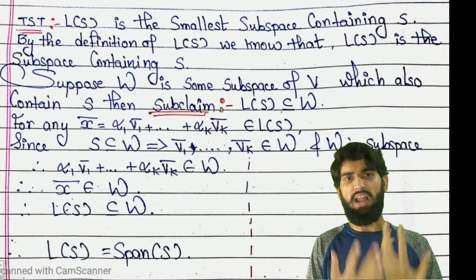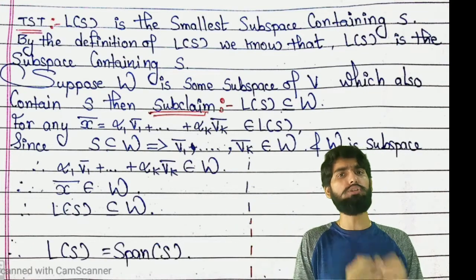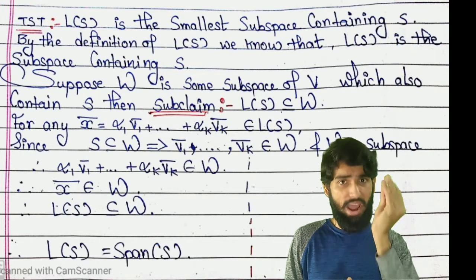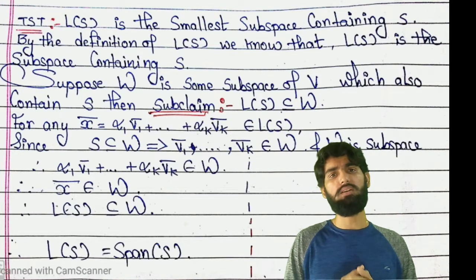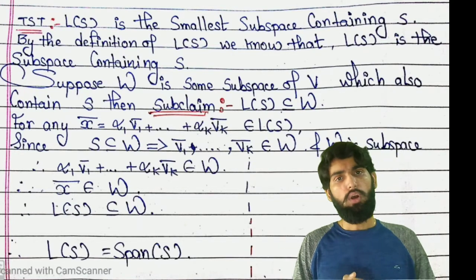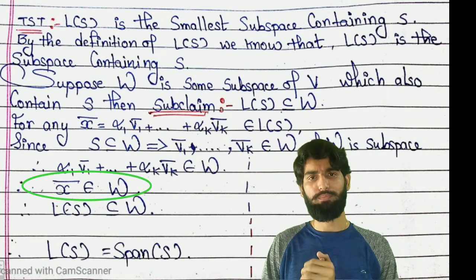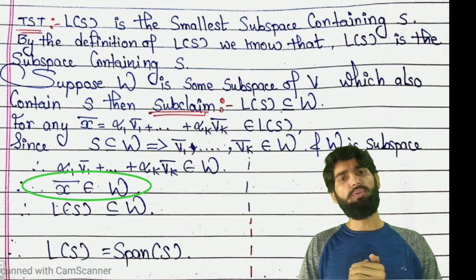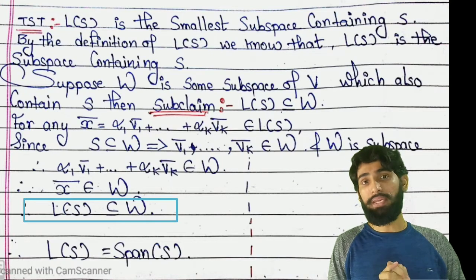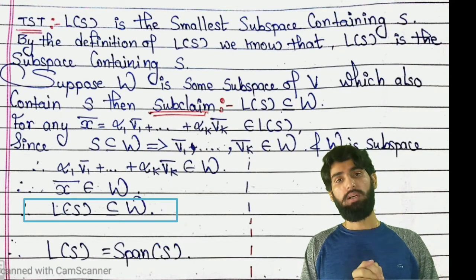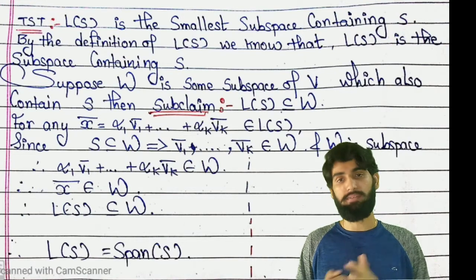That means alpha 1 v1 bar, alpha 2 v2 bar, dot dot dot alpha k vk bar are also elements of W. And if I add them, still it is inside W. The simple reason for both of these is that W is a subspace. So we just proved that x bar is an element of W. Correct? So we proved L of S is a subset of W, meaning we simply proved that L of S is the smallest subspace containing S.